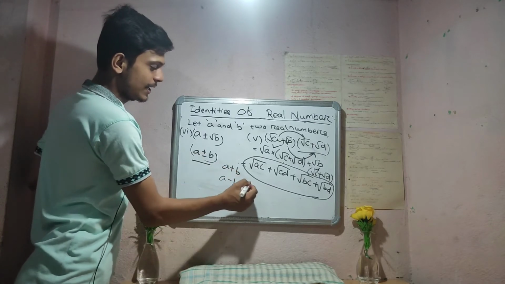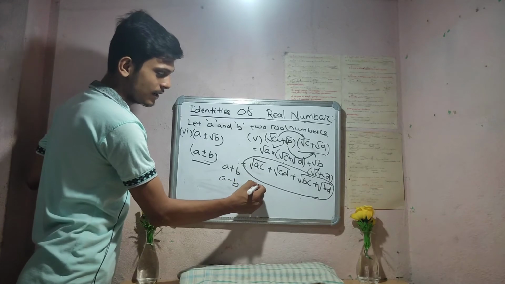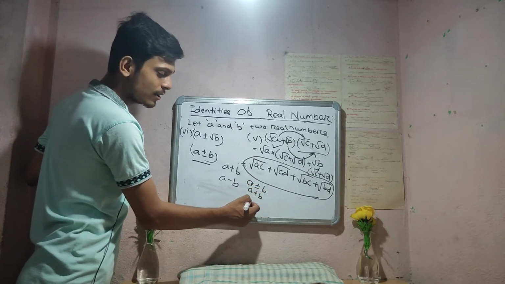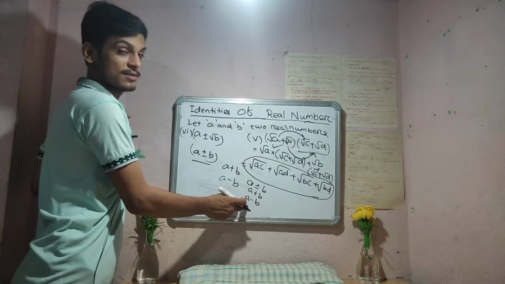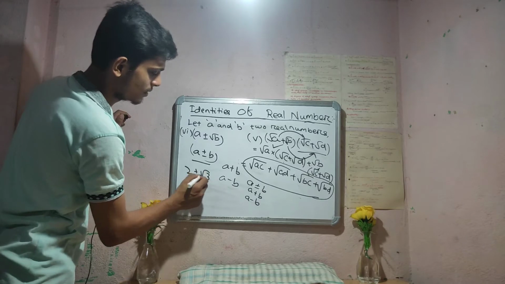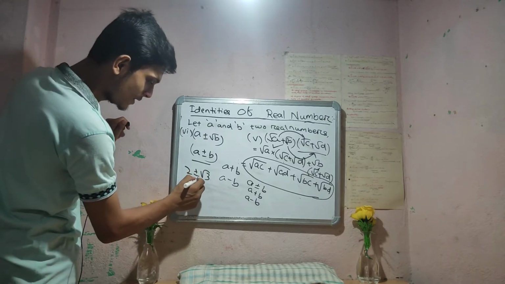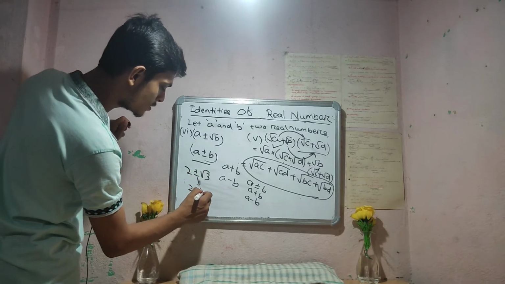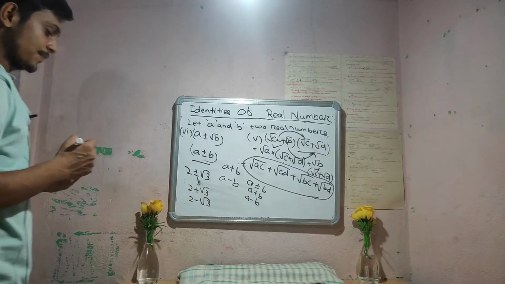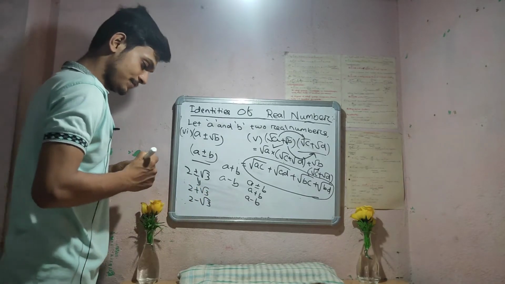Because they are together, they are collectively written in this way. It means here a + √b is there, but also a − √b is there. Here is my point. Suppose 2 ± √3 is written in this way. From this you can know that 2 + √3 is there, also 2 − √3 is there. Here is my point.